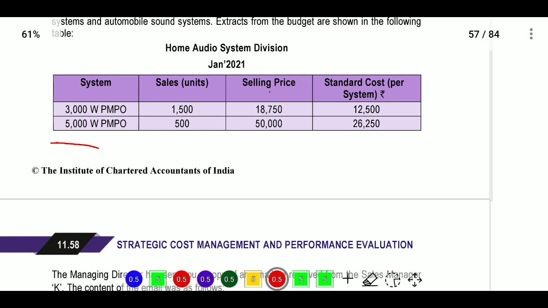So 18,750 minus 12,500 gives 6,250, which will be the margin. And for 500 sales units, the selling price will be 50,000 and standard cost will be 26,250.